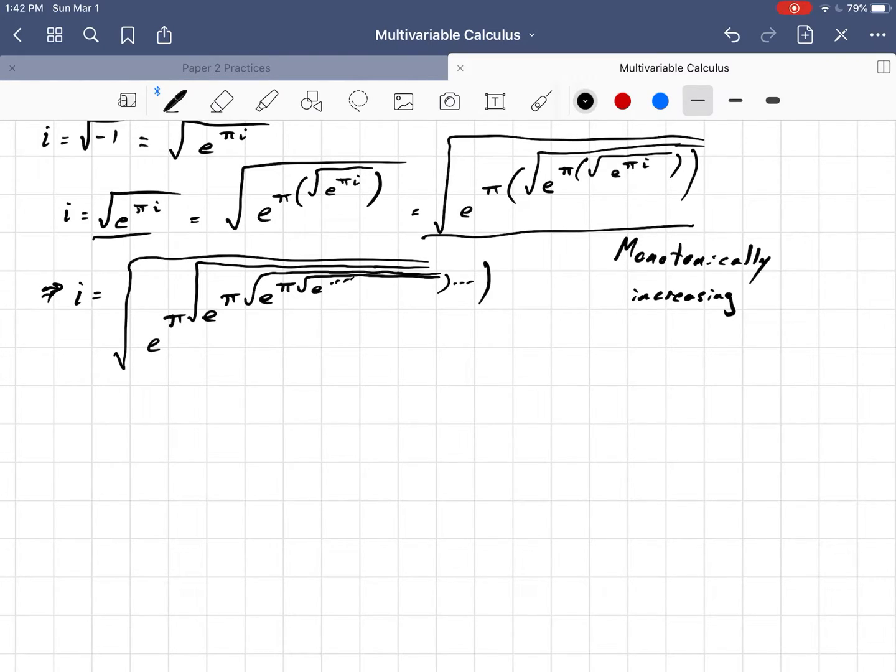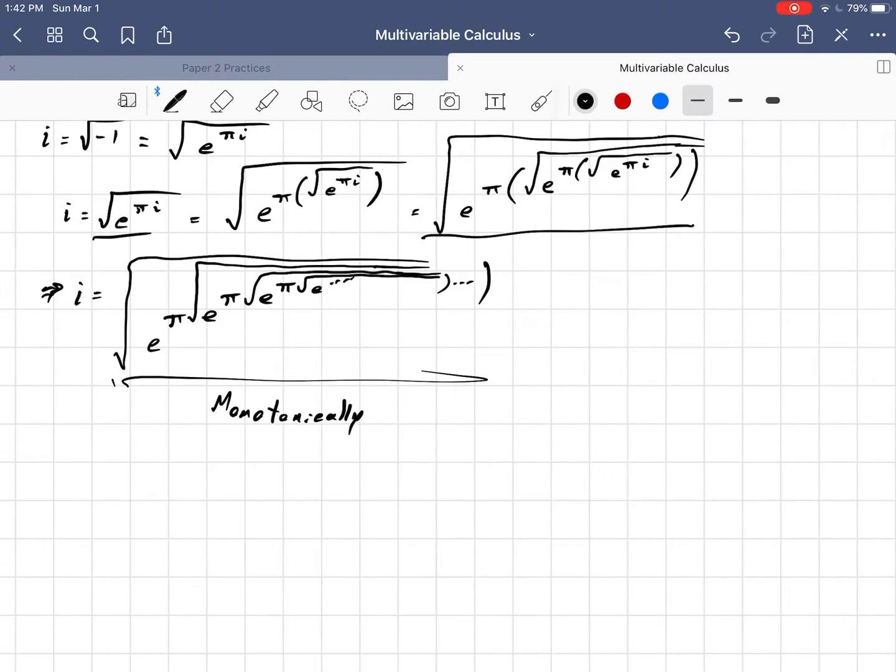I'm sorry, never mind. Ignore that part. This one here is monotonically increasing, right? If I just keep doing e to the pi square root, e to the pi square root, e to the pi square root, that is, for one, monotonically increasing.